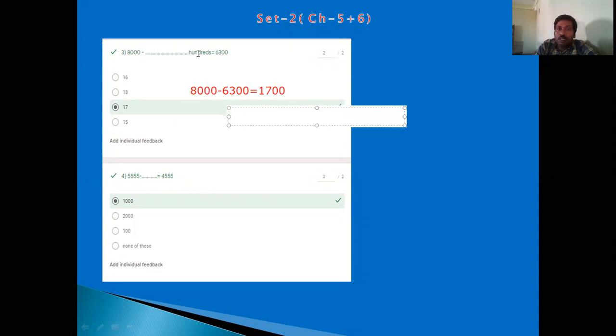Because here the hundreds is given, we can write 1700 in this way, 17 into 100. Which number comes here? 1700. Now the answer is 1700. Yes, this option will be correct.